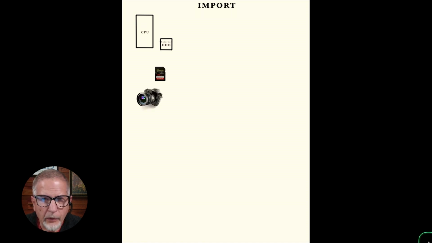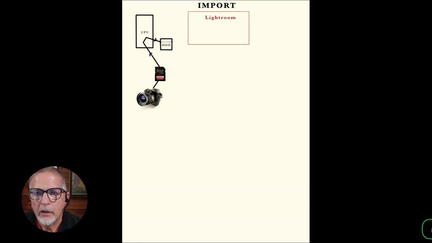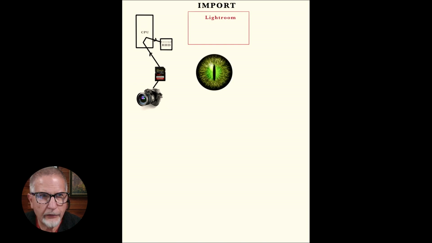So, simplest form, we have a camera, we have an SD card. The images go from that camera through our computer, get stored on that external hard drive. And Lightroom is sitting off to the side. So Lightroom is there, and what Lightroom is essentially is this big eye. Lightroom watches what's happening.